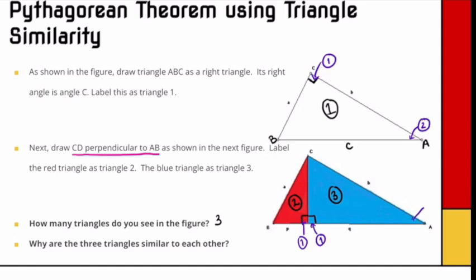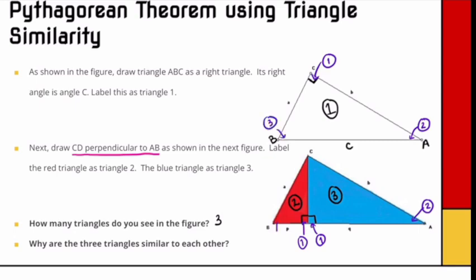Now, triangle 1 has angle A, which would be the second angle, and the blue triangle, triangle 3, also has that angle A. So we know that triangle 1 and triangle 3 are similar because they have the right angle and angle A in common. Similarly, the red triangle, instead of having angle A in common, has angle B in common with that original triangle.